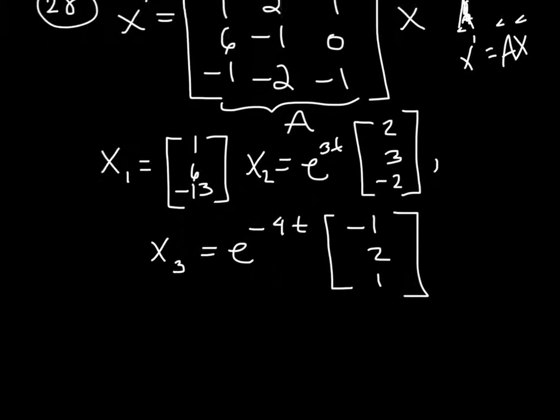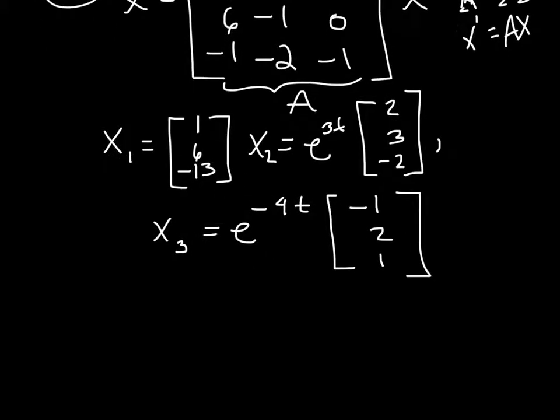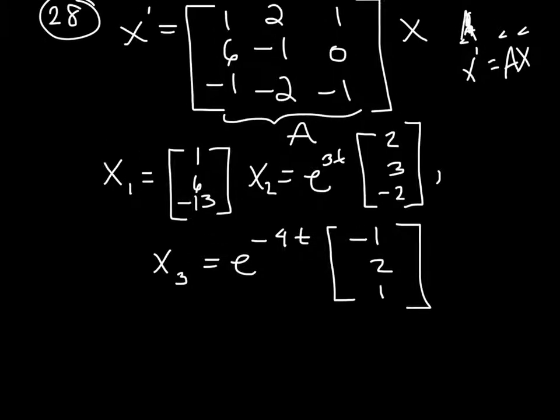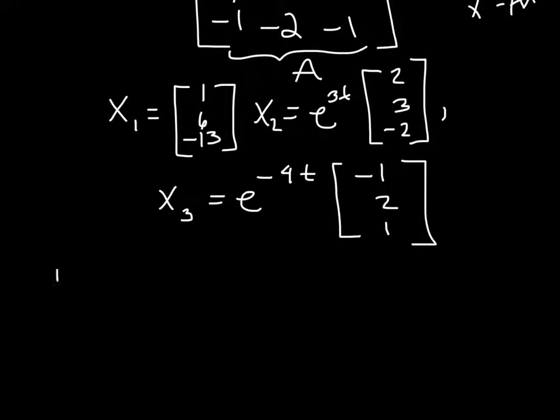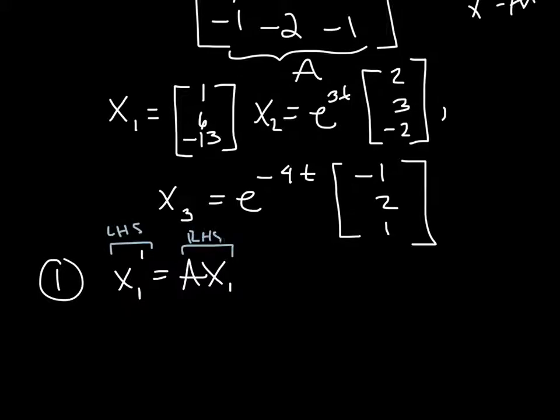Okay, so let's begin here. So the first one, I think I wrote number 1. No, I didn't. So our first, we want to verify these solutions. So x prime equals Ax, but I want to check the first solution, so it's going to be x1. Again, these are boldface. So again, left-hand side, right-hand side.